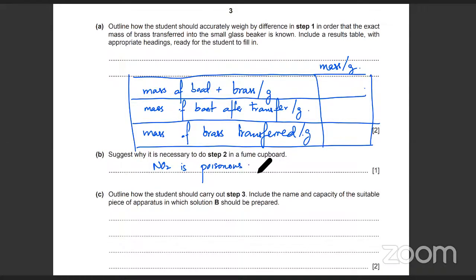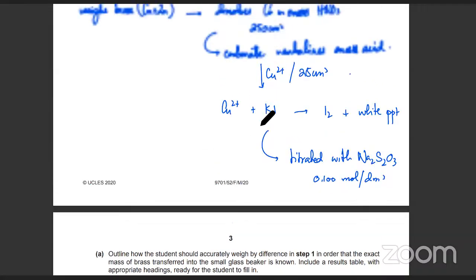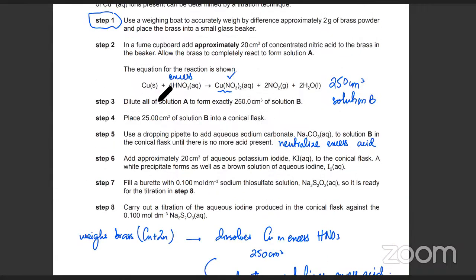and it's poisonous. Outline how the student should carry out step number 3, including the name and capacity of the suitable piece of apparatus in which solution B should be prepared. So step 3, how would you do this? It's a simple step. Whatever happened in the first step was happening in a beaker.